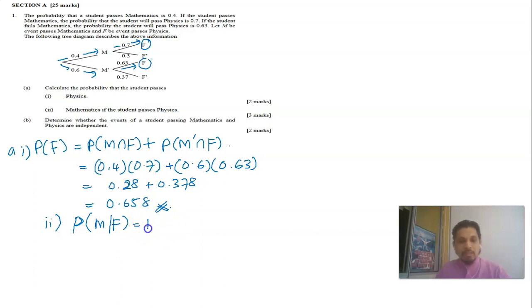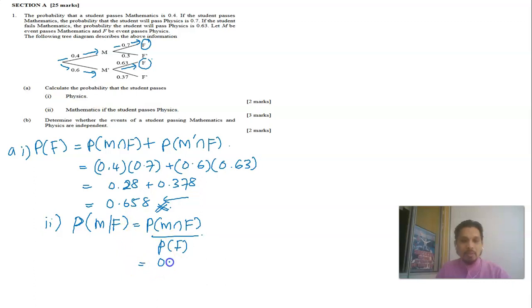So in this case, we come up with the probability of M intersect F divided by the probability of F. The probability of the student passing physics, we already have it here. And the probability of M intersect F is 0.4 multiplied with 0.7.